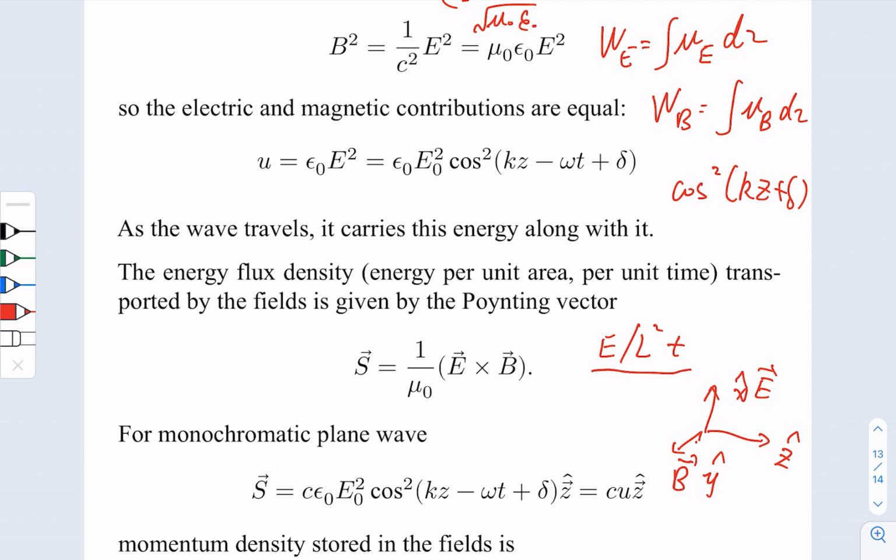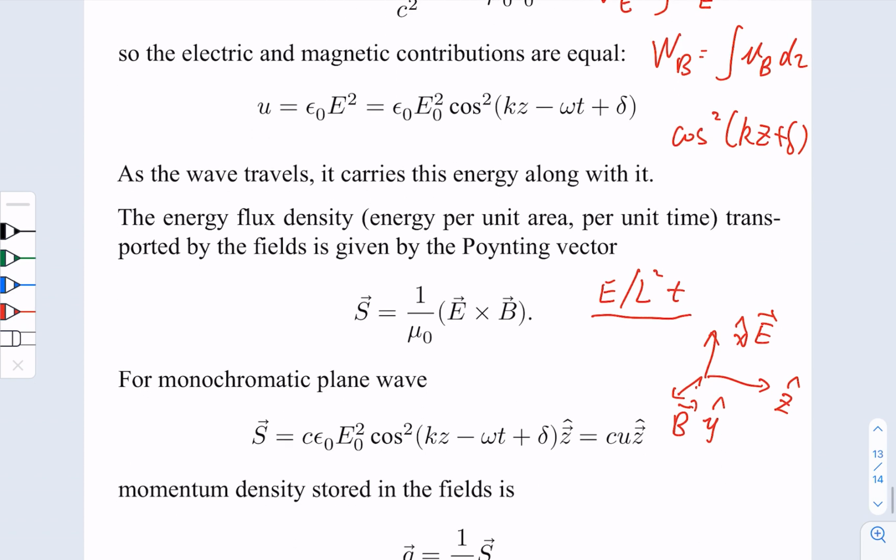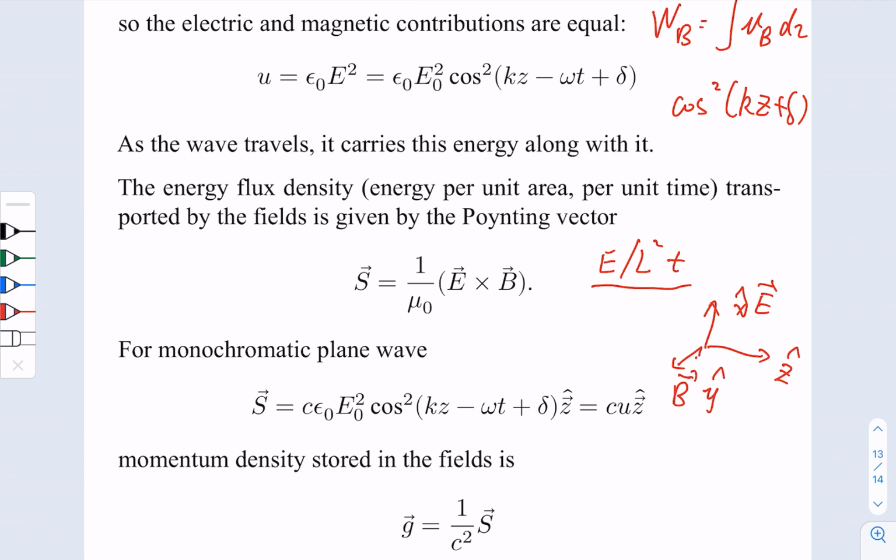So the Poynting vector is along the direction of propagation, and it gives you how the energy flux is traveling. For a monochromatic plane wave, the Poynting vector is exactly along the direction of travel, and its amplitude gives you the total energy flux density.